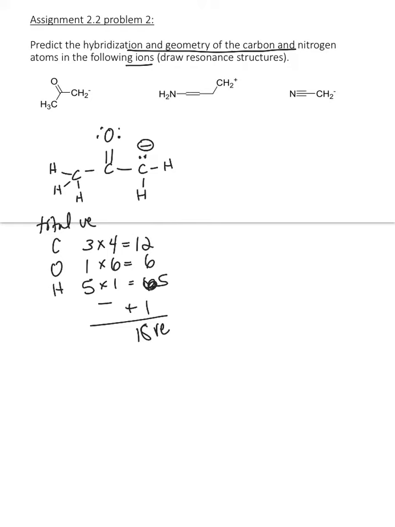You can count them now: 1, 2, 3, up to 24. So what did I do wrong? 5 is 5. 3 carbons is 12. And 1 oxygen is 6. Okay, so obviously I added this up wrong. So 12 plus 12 is 24. Okay, so we've accounted for our valence electrons, and this is our structure.